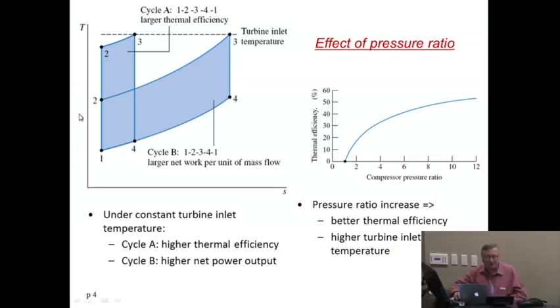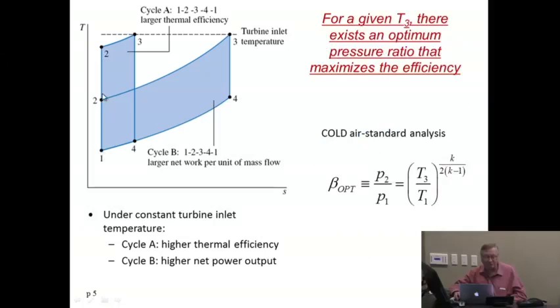So if I now look at the TS diagram, and I were to look at efficiencies of cycles that would go from 1 to 2 to 3 to 4, back to 1, versus the efficiency of a cycle that would go from 1 to 2 to 3 to 4, back to 1, you see that they have very different amounts of work, but also a very different efficiency.